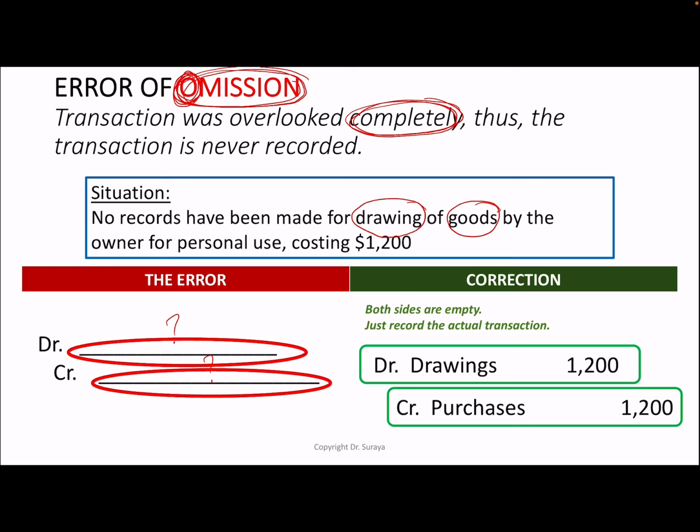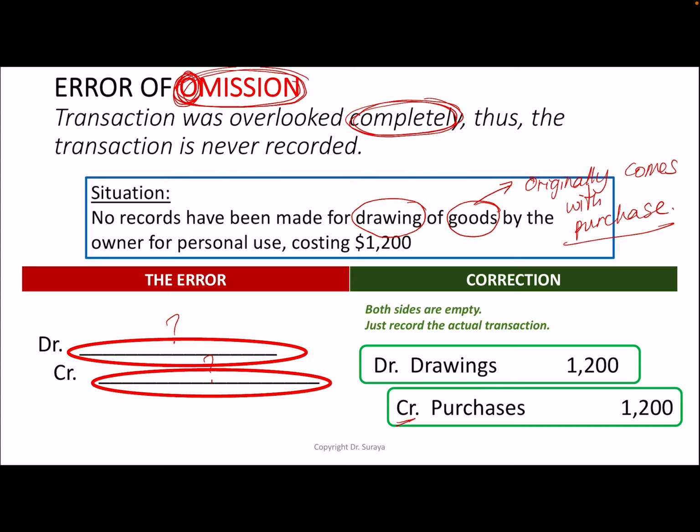Now why, some people might ask, why is drawing of goods a credit to purchases? Because the goods originally come with purchase. So it's like you are purchasing something for the company, right? But you have taken part of that purchase for your own use. So purchase was a debit, and when you take it, it becomes a credit.